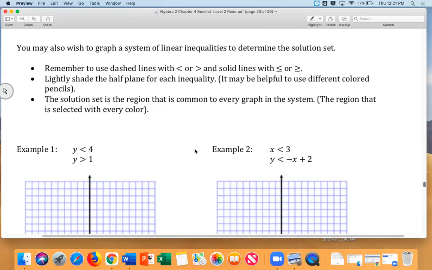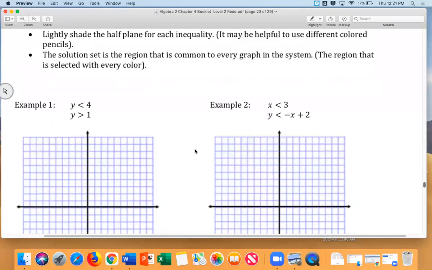So you're going to need a straight edge and at least one colored pencil, because you're going to graph one maybe in pencil, maybe one in pen. So you need two different colors.